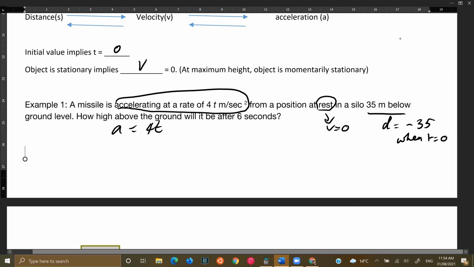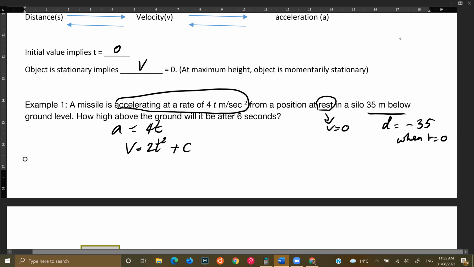Okay, so once we have all of this information, we have to try and work out the function for displacement and then what it will be after 6 seconds. So let's start by integrating acceleration. When you integrate this, you get 2t squared plus c. That's your velocity.